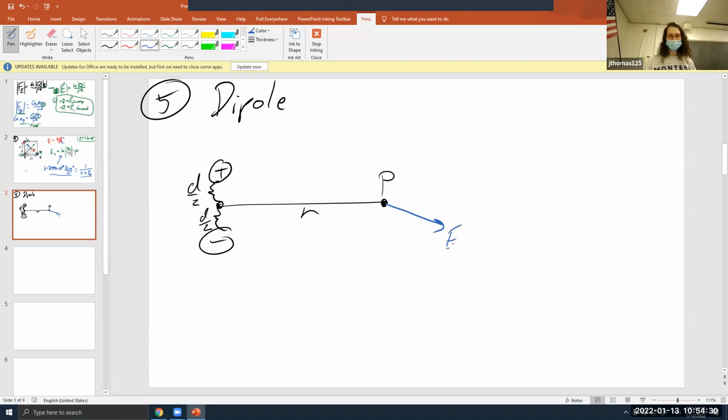We can call that E plus for electric field from the positive particle. And then for the negative particle, the electric field is going to point toward that particle. So if it's pointing from point P toward the negative particle, it's going to point down and to the left at just a very slight angle.